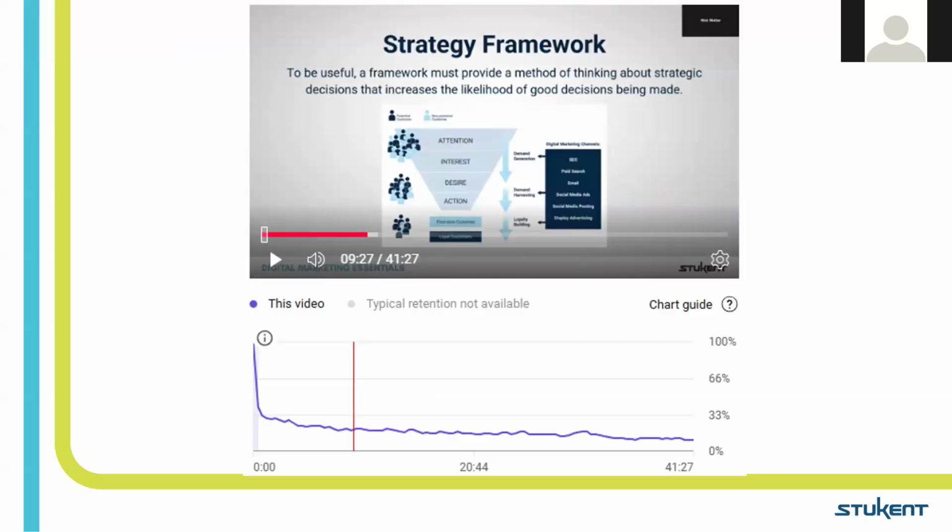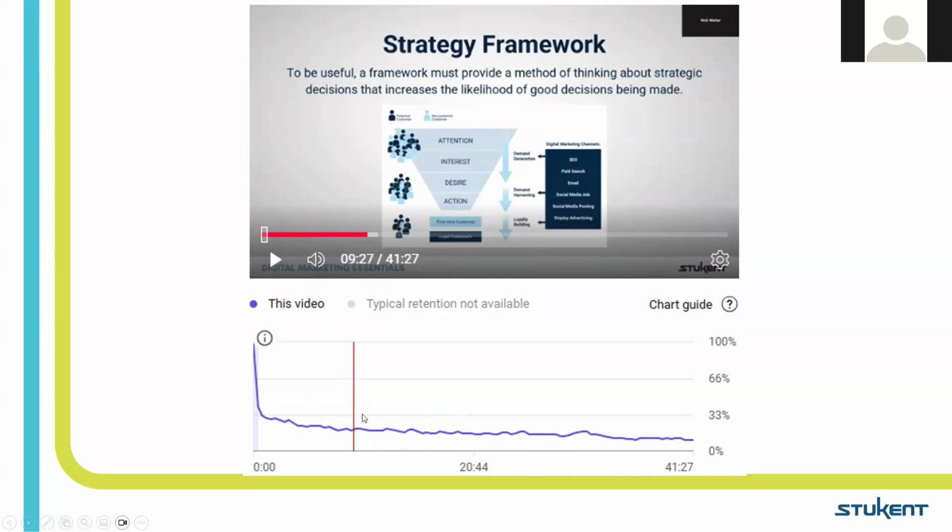So here's one of my videos. You're about 9 minutes and 27 seconds into a 41 and a half minute video. So it's lengthy. And you'll see, all of my retention charts would look like this. But it was interactive. You could go across, highlight wherever your cursor was located.